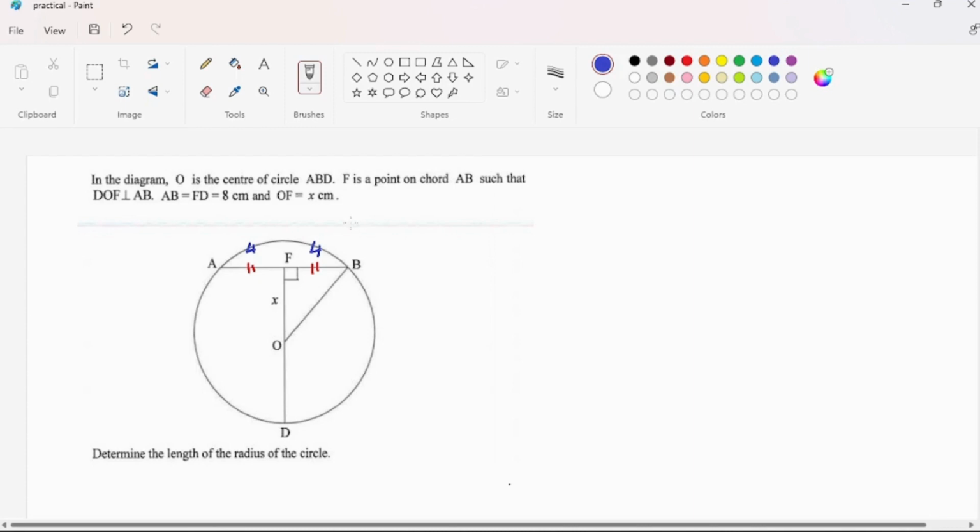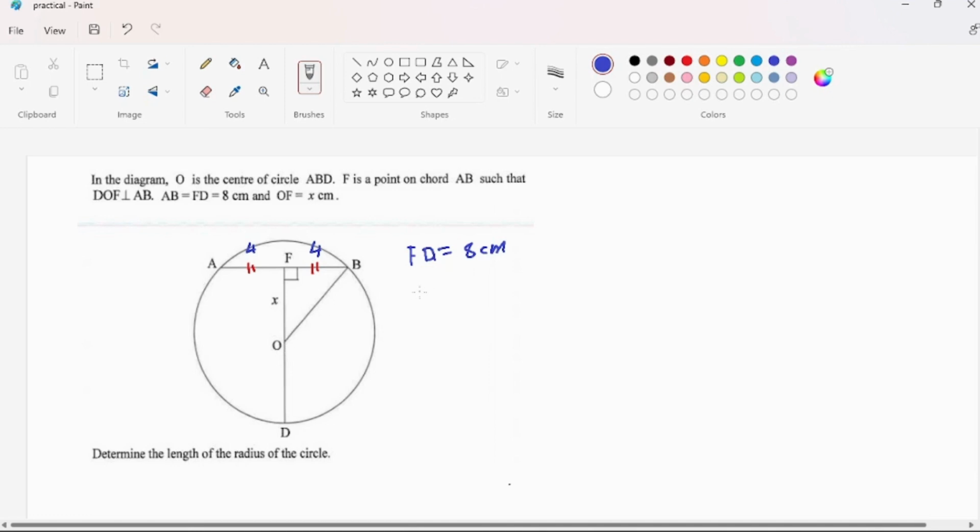And then they are saying OF is equal to X. They showed it here. Let's see again. FD. Okay. FD is equal to 8 centimeter. Let's write this down. So what is DO?